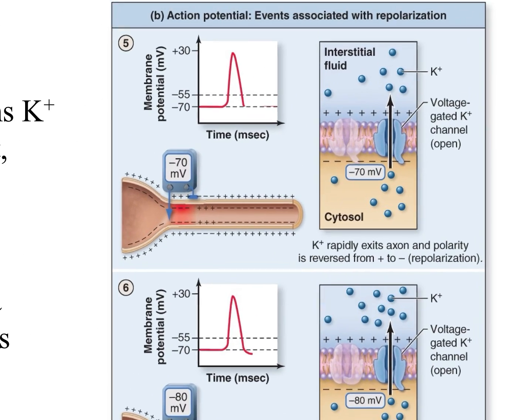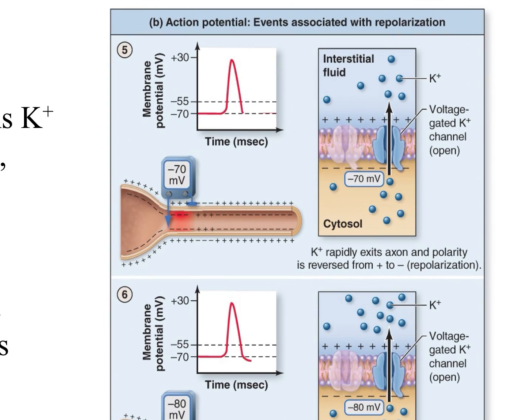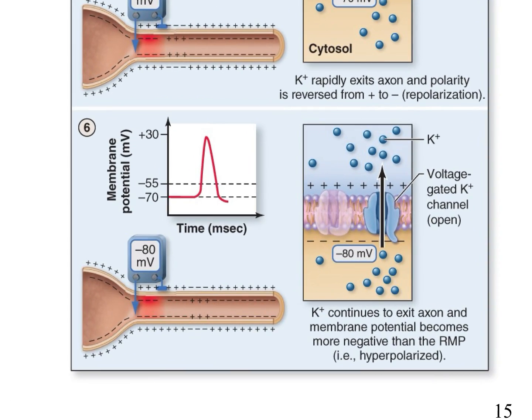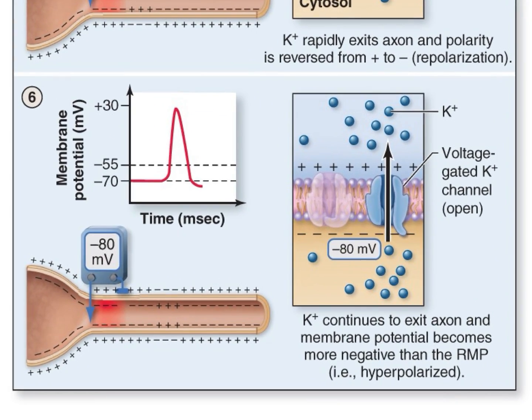But now, at positive 30, that triggers those potassium channels to open, and potassium is going to leak out, returning the membrane potential back to rest. Okay? However, what you see here, what happens?